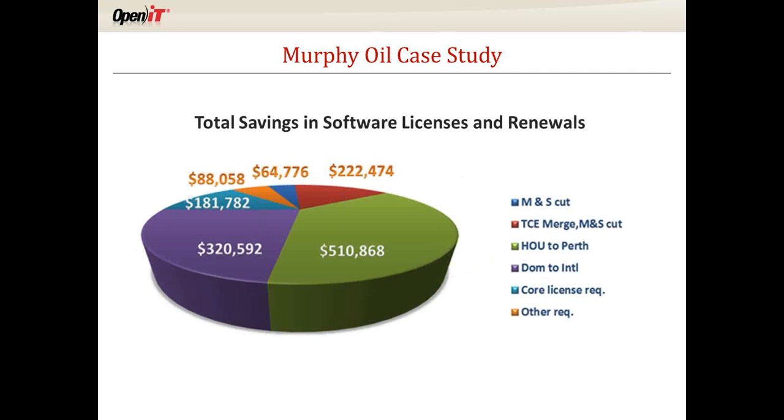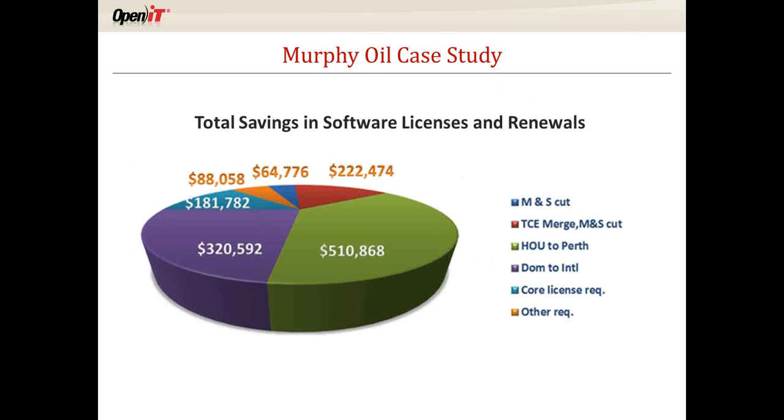And what they were able to do is they went and looked at their applications. Again, they identified several applications that were not in use at all. So they kind of thought outside the box and said, well, instead of just reducing the maintenance and support on those particular applications, I'm going to go to the other regions within the company and see if there's any need for that.